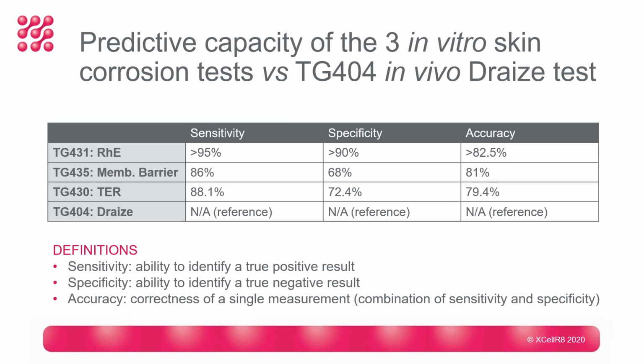And so we're never dealing with a perfect benchmark because the benchmark itself has its limitations. But having said that, I think for the purpose of building confidence in the in vitro tests to show that they are comparable with a method that's been used for decades, it still has a value. Next slide.